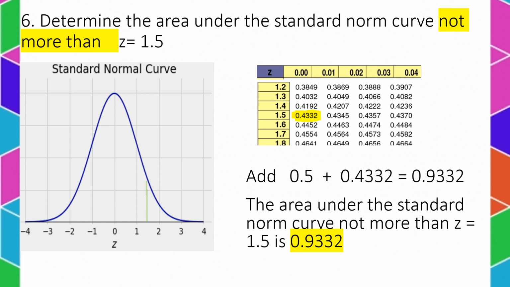So the value should not be more than 1.5. So saan yan papunta? Sa kanan ba ng 1.5 o sa kaliwa ng 1.5? Since it is not more than, so dapat pupunta ka sa kaliwa. Hindi ka dapat sumobra ng 1.5.